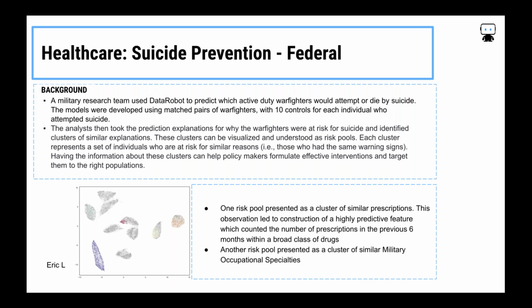And that triggered us to take a look back in the DataRobot platform. Let's dive into that variable, because there appears to be this cluster of people for whom that's particularly crucial in predicting suicide risk. And that led us to create further predictive features in the next iteration of the model.